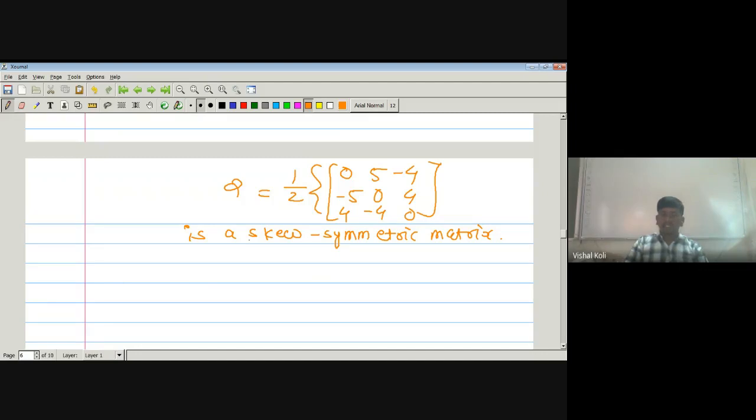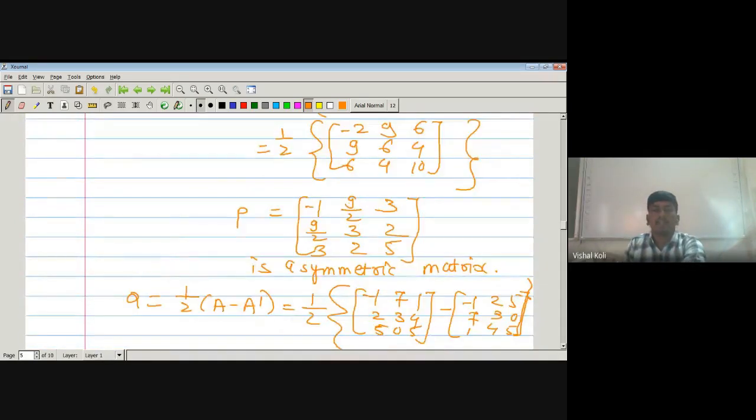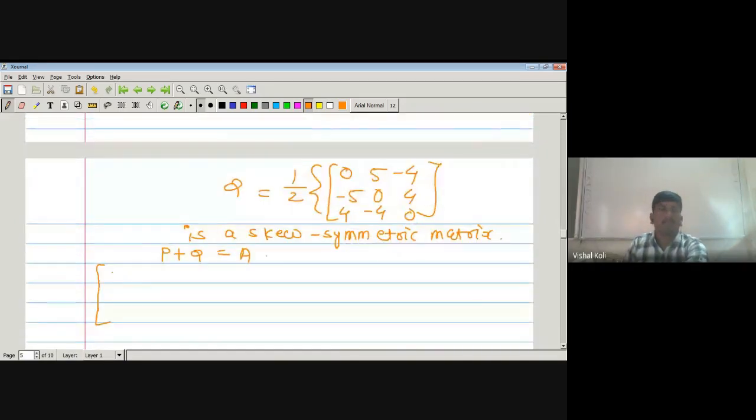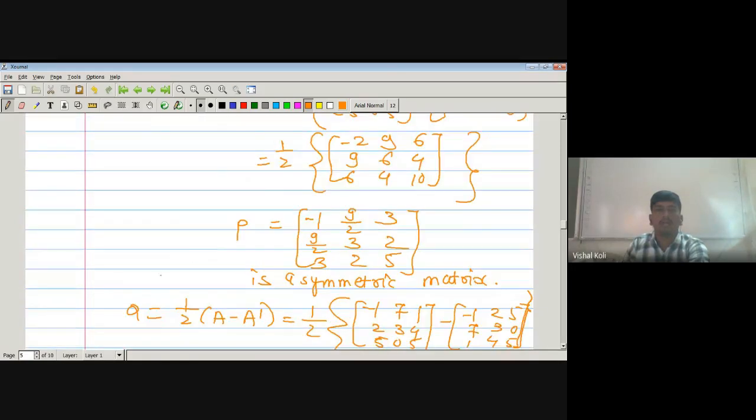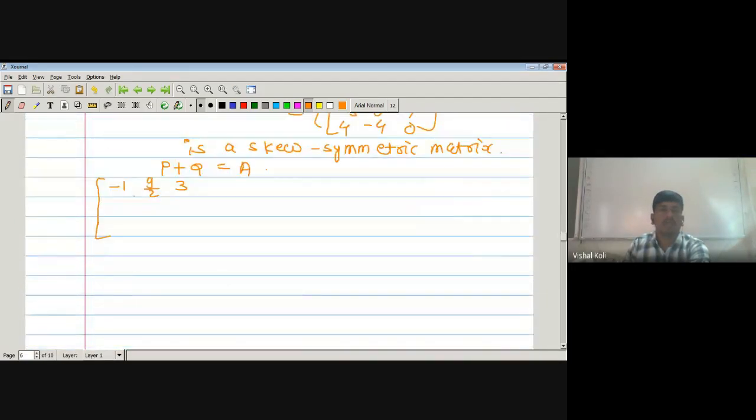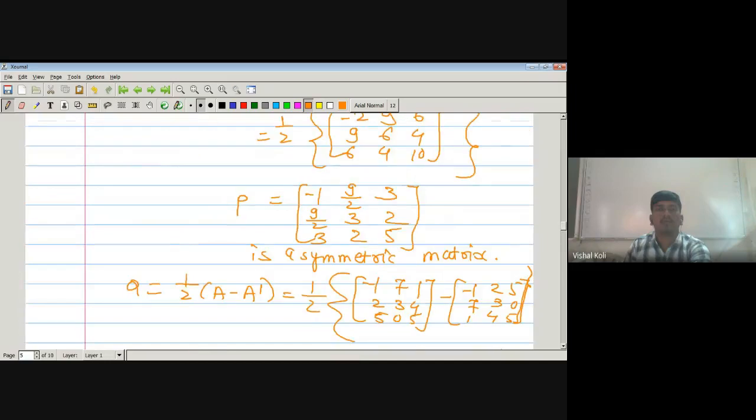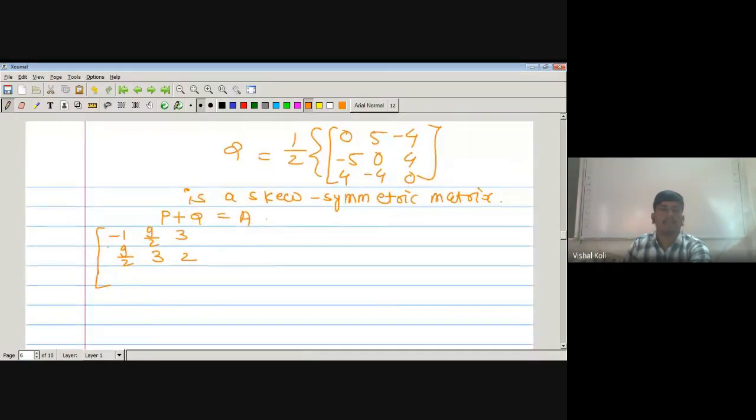So take the sum: P plus Q is equal to A. P is the matrix [-1 9/2 3; 9/2 3 2; 3 2 5] plus Q.